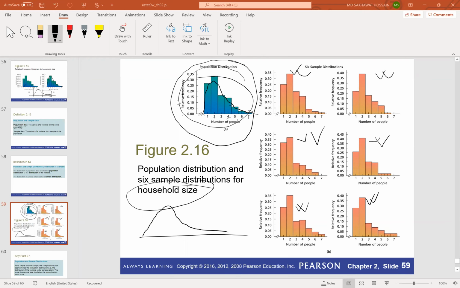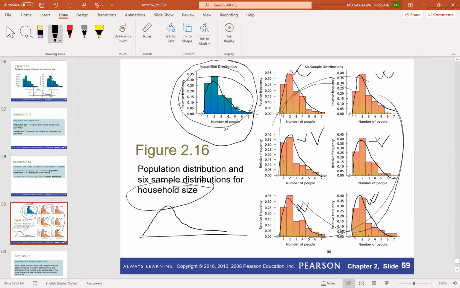Because we know that the population distribution is the distribution of the original variable. Now we collected 6 samples. So what do we say about the distribution of the samples? You can see that most of them are right skewed, because we collected the samples from the right skewed population.